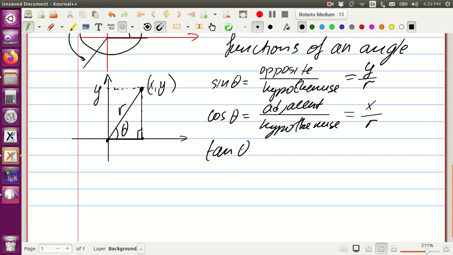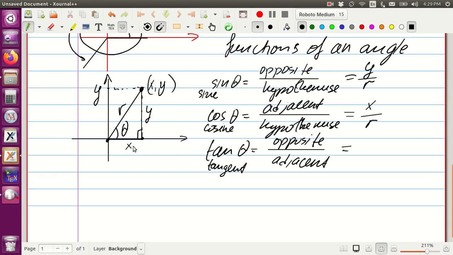Tangent is opposite over the adjacent side. So in our notation, y, which is this side over here, divided by this side, which is x. So y over x.